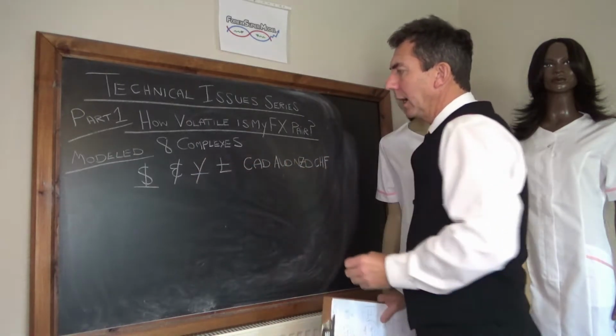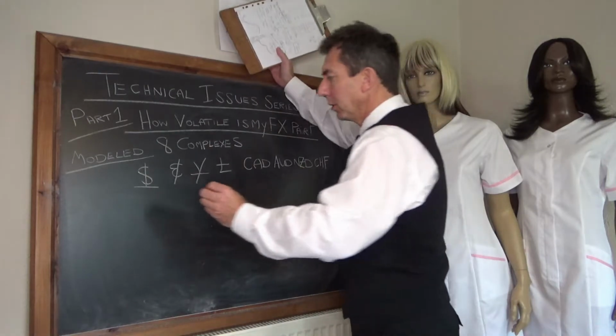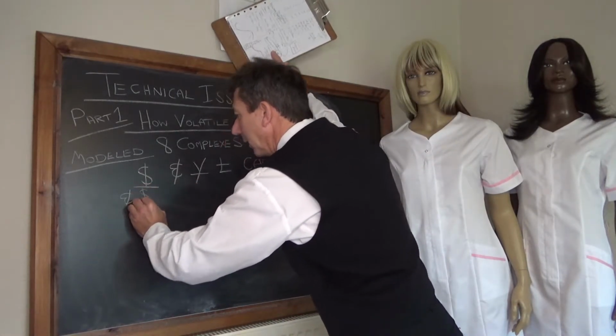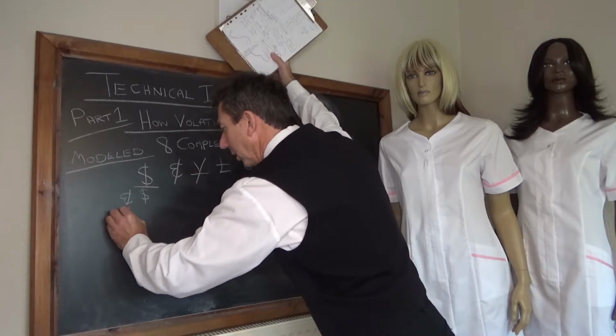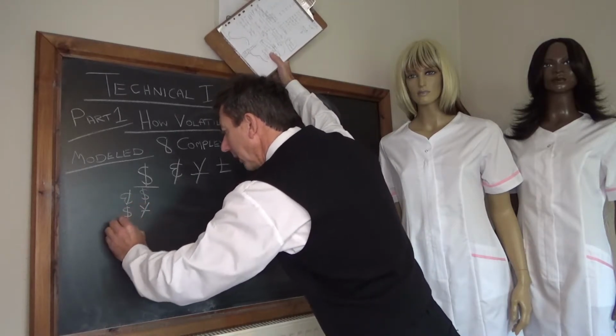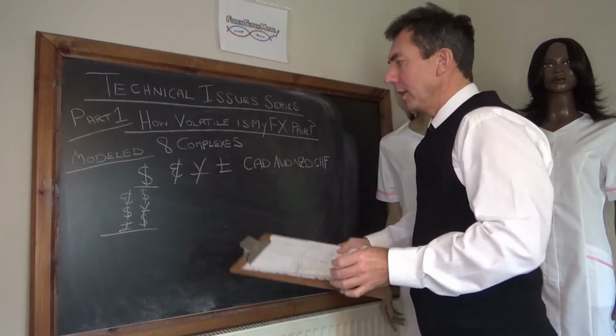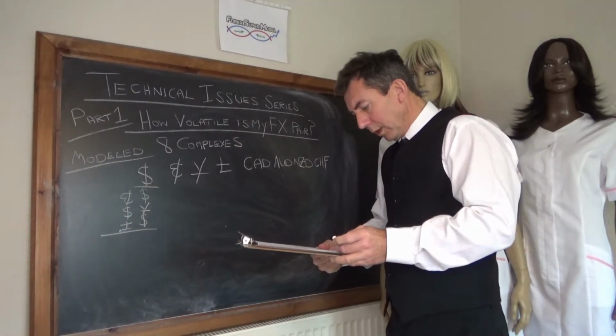So for example, the dollar complex would be the euro dollar, then the dollar yen, the pound dollar. So they're the core ones, if you like.